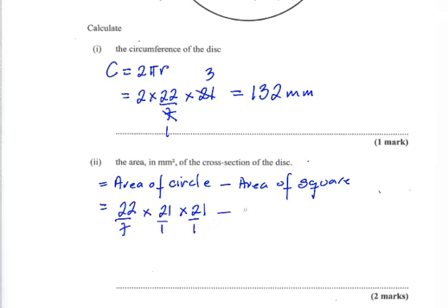And this is minus 6 times 6, which would give you the area of the square. So this turns out to be 1386 minus 36, and the area of the cross section is 1350 millimeters square. All right, so 7 here cancels here with 3, so it's 22 by 3 by 21, 1386 minus 36, the answer is 1350 millimeters square.